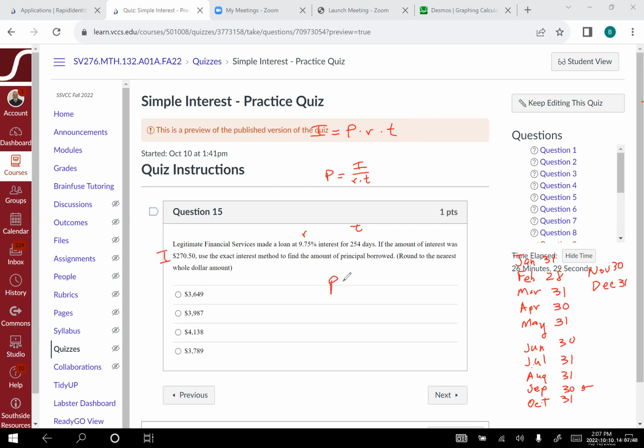In this case, I'll put it in a calculator, but the principal equals the interest, 270.50, divided by the rate times the time, 0.0975 times 254 divided by 365. Looks ugly written like this, but it goes in the calculator pretty easily.